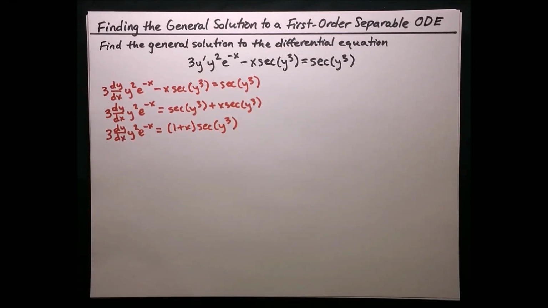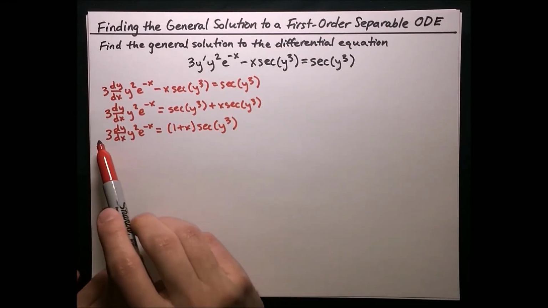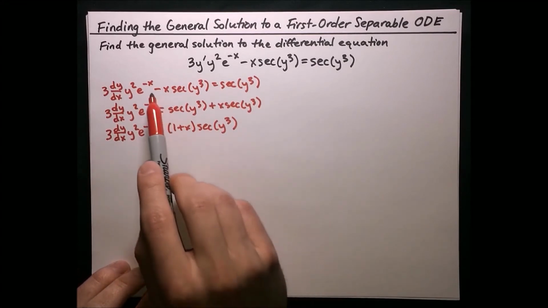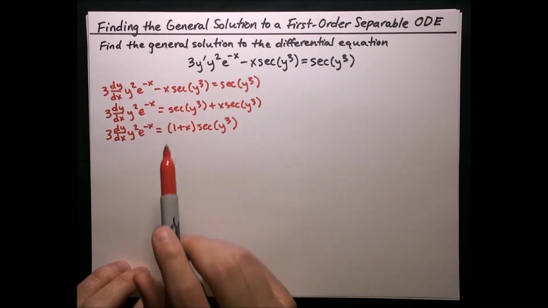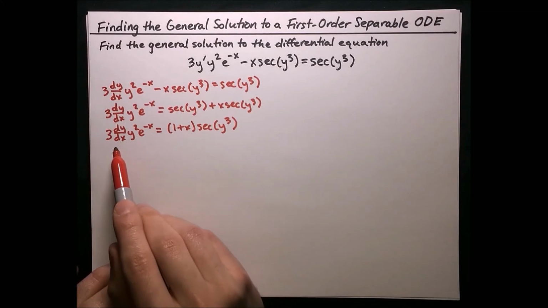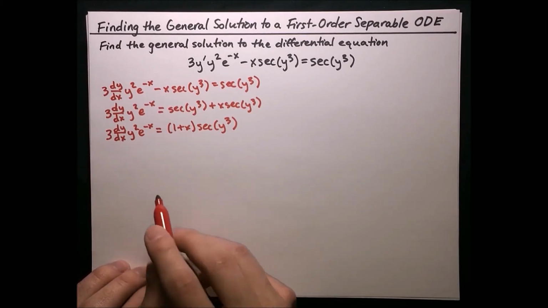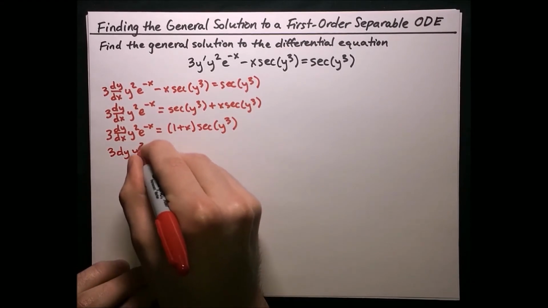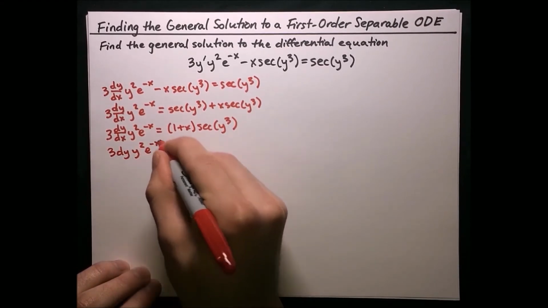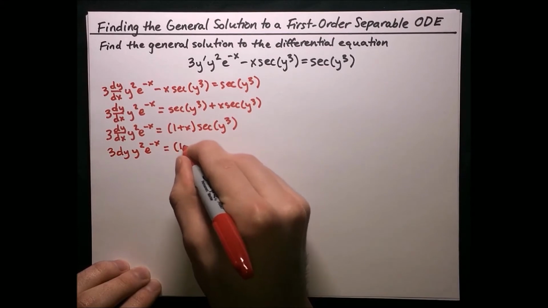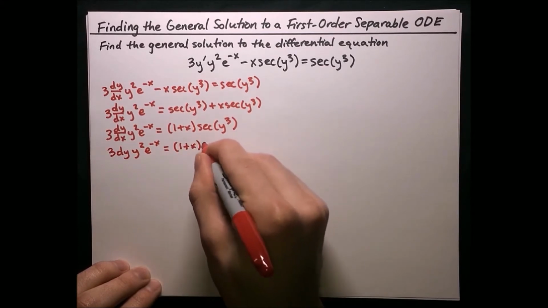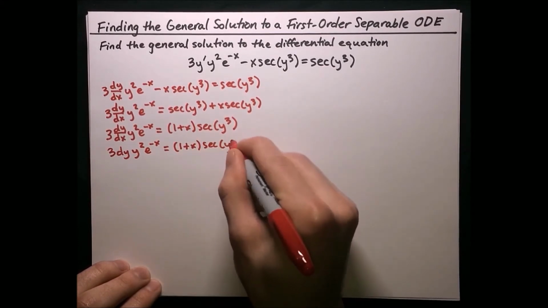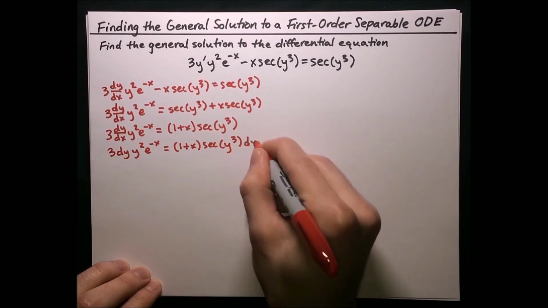Great, so this equation is a little bit simpler because now we're just multiplying terms on each side rather than having a subtraction here. And we can go ahead and multiply by dx to get that out of the fraction. So just 3 dy y squared e to the negative x is equal to 1 plus x secant of y cubed dx.